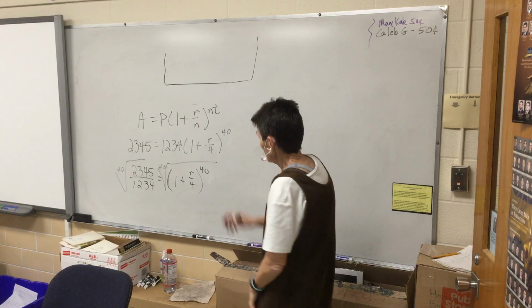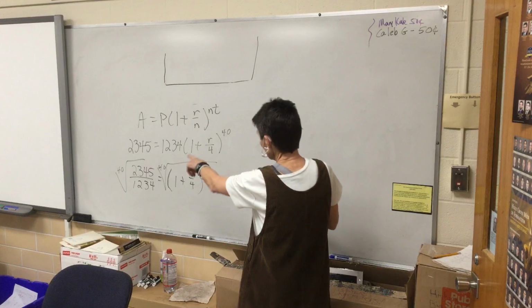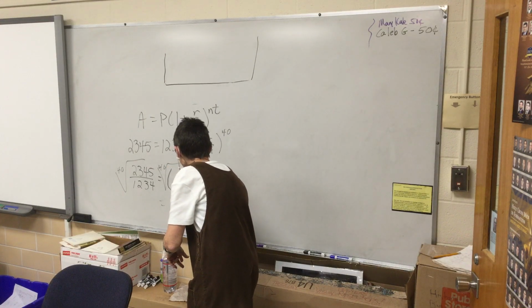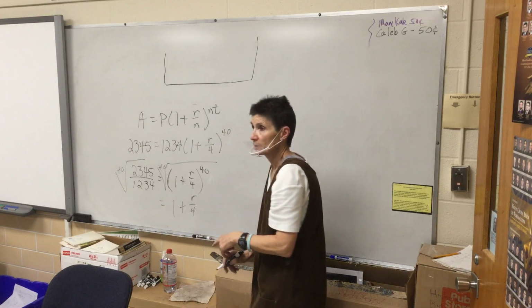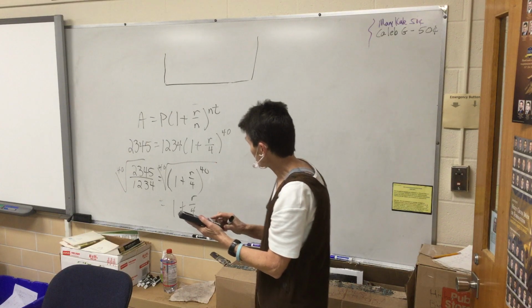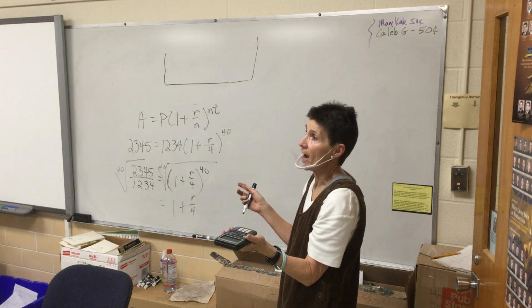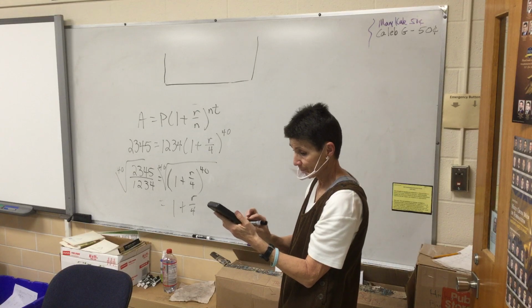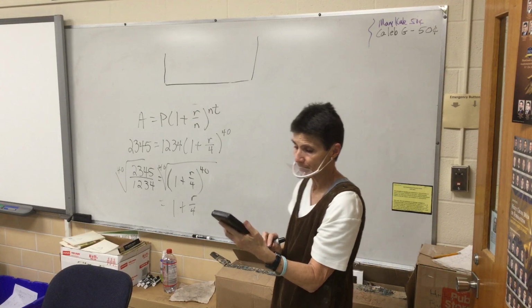Now, I'm going to do that in a second. But the 40th root of that is going to equal 1 plus r over 4. Okay? Let's type 40, because we're doing a 40th root.